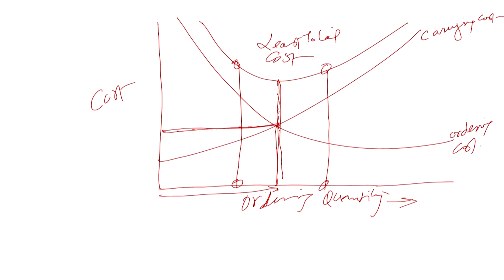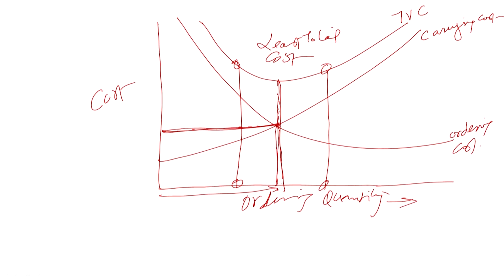This curve is the total variable cost, and at this level it is the lowest total cost. So we have to acquire this much inventory. We place the order and that order keeps the cost under control at the lowest level.